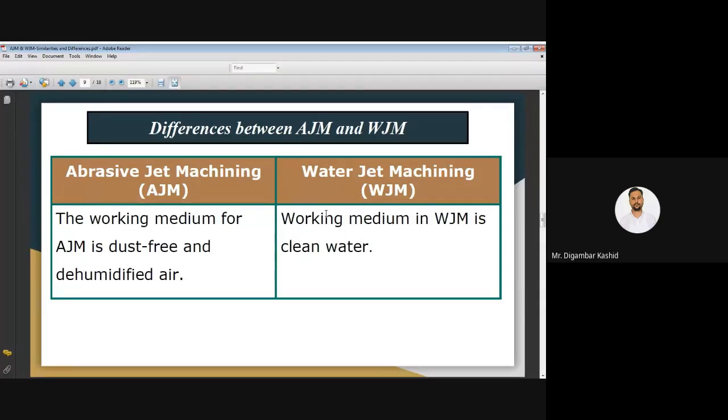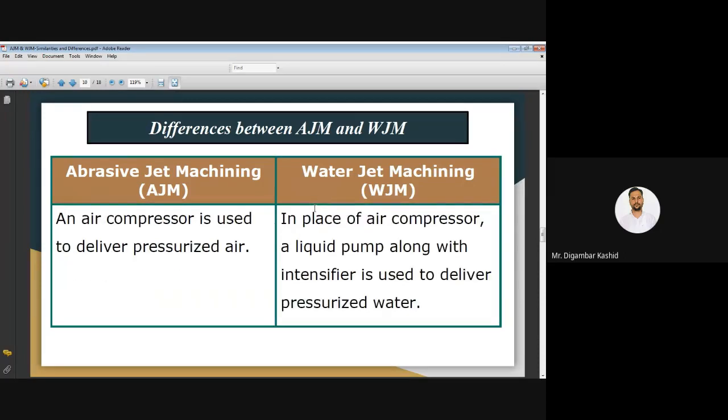Then the second point, the working medium. For abrasive jet machining, it is dust free and dehumidified air. In case of water jet machining, clean water is the working medium. To increase the pressure of air in abrasive jet machining, an air compressor is used to deliver the pressurized air.